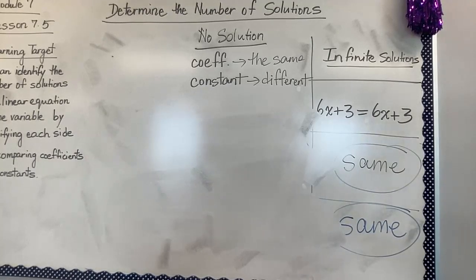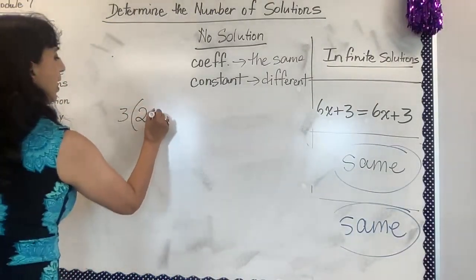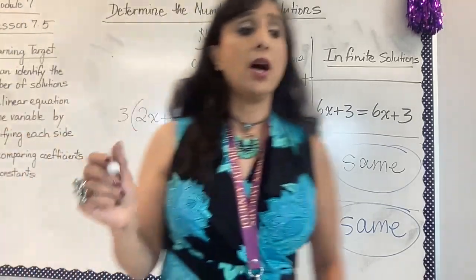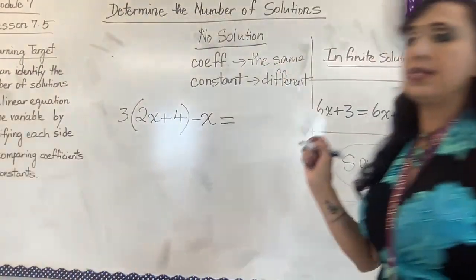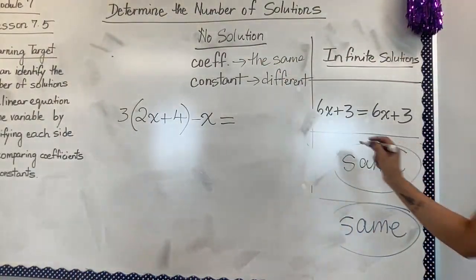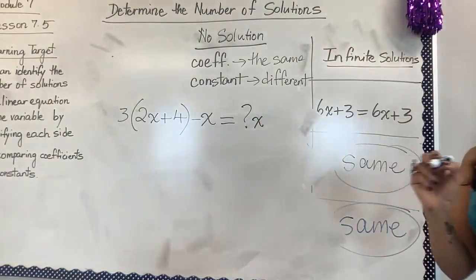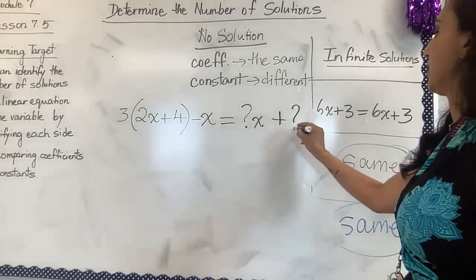Okay, so let's go to the problem, and we are going to create an equation with no solution. So if I have 3 times 2x plus 4, minus x is equal to what coefficient times the variable and plus what constant.